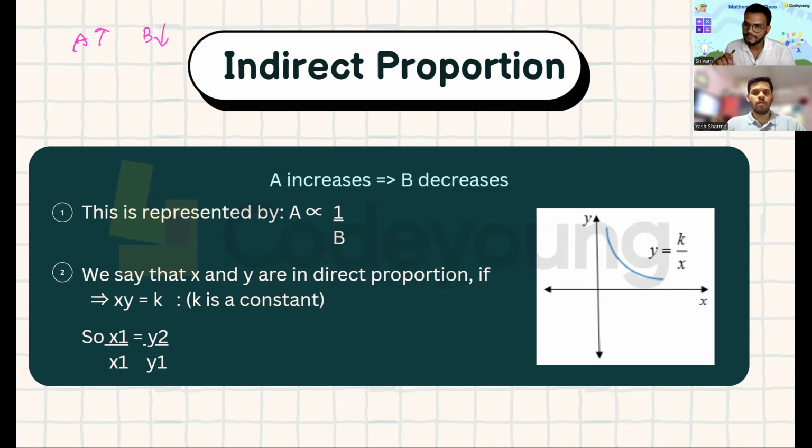Then the time taken to reach that other place is reduced. So if you are increasing speed, then the time taken is going to be reduced. Are you getting it?